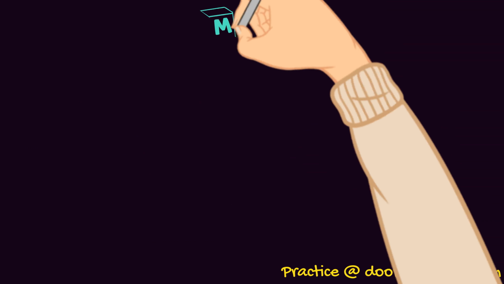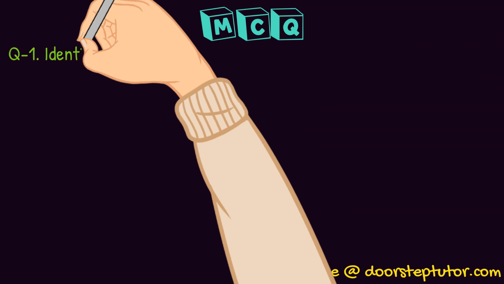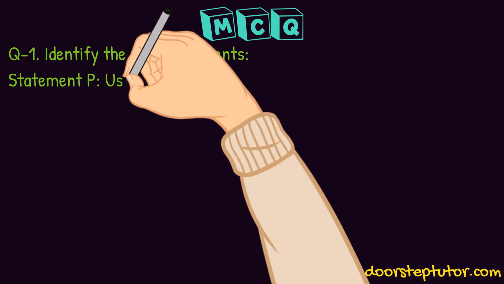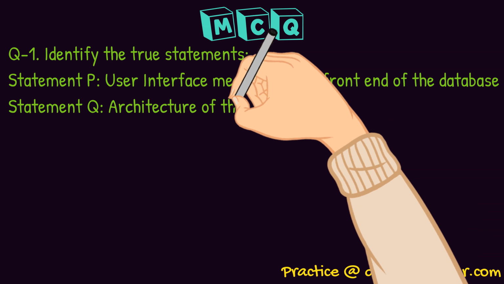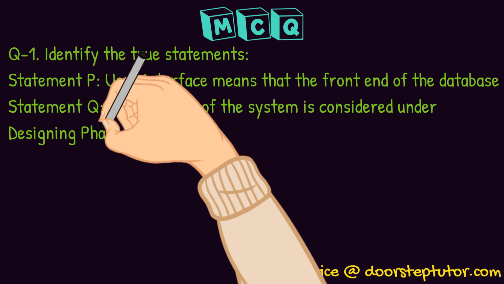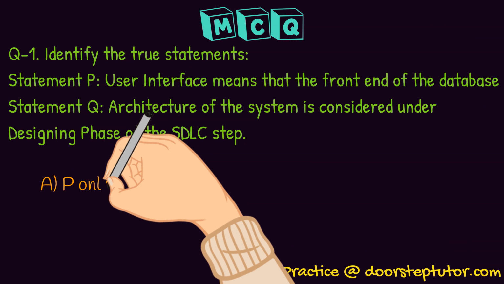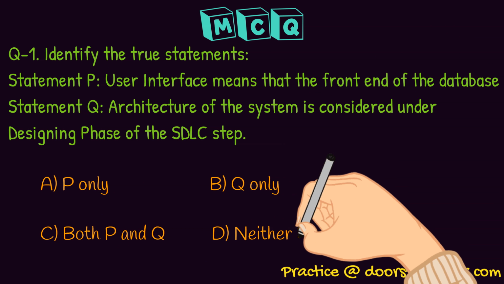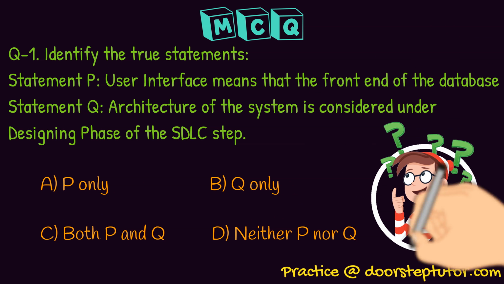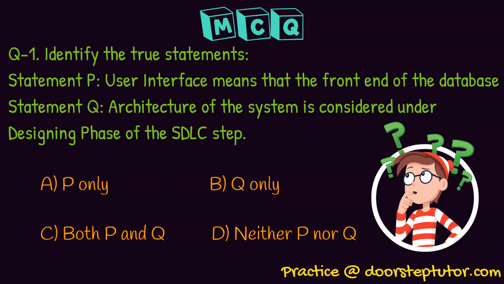So let's discuss some MCQs. The first question is identify the true statement. First statement P, user interface means the front end of the database. And the second statement Q is, architecture of the system is considered under the designing phase of the SDLC step.